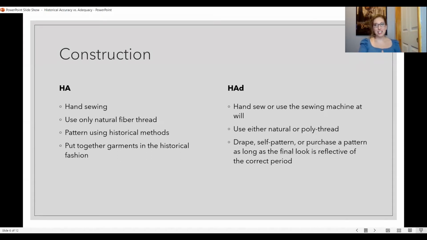That's not to say that some people didn't finish the inside of the garment, but we see a lot of beautiful gowns and you look on the inside and go, what did they do to you? And when they would take things in to fit somebody else, they wouldn't necessarily be pretty about it. They could add or take away fabric depending on how they want to change the size of it.